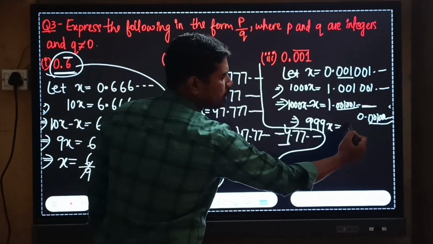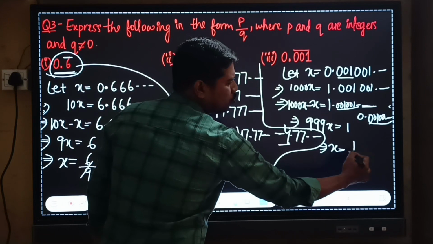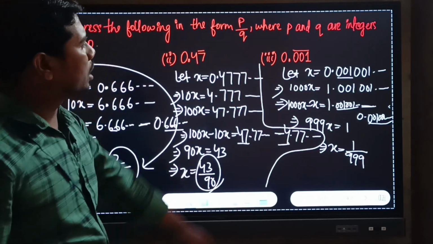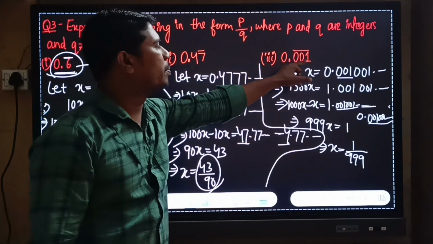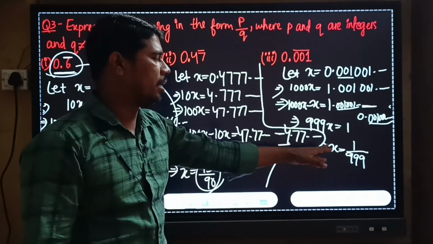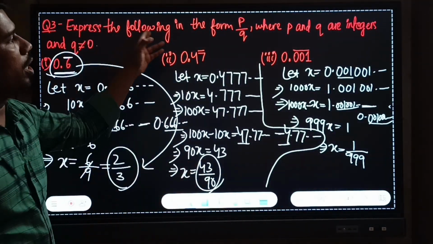So 1 minus 0, the result is 1. Now x is equal to what? 1 by 999. So now the result for 0.001 with the bar on these 3 digits is 1 upon 999. Clear?